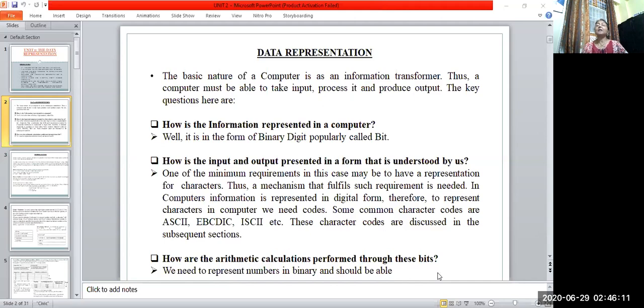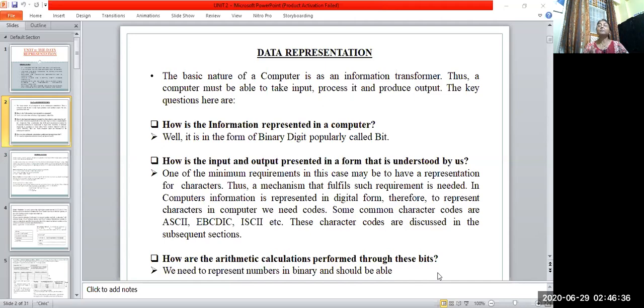Next is how arithmetic operations are performed through these bits. How are arithmetic calculations and different kinds of computation performed in the computer by using only bits?